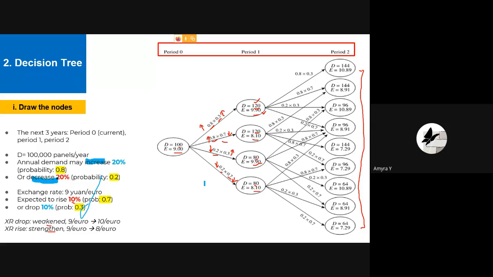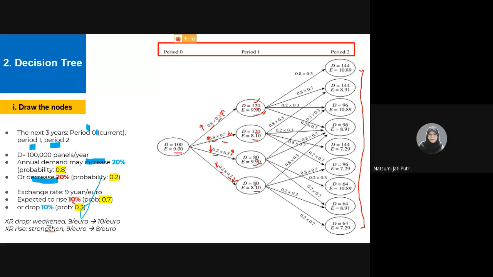Kak, maaf. Aku mau nanya. Kan it said the next 3 years. Itu bukan nyampe period 3 ya? Iya, jadi untuk next 3 years itu kita hitungnya dari periode sekarang, yaitu periode 0. Jadi periode 0, 1, 2 itu udah 3 tahun.